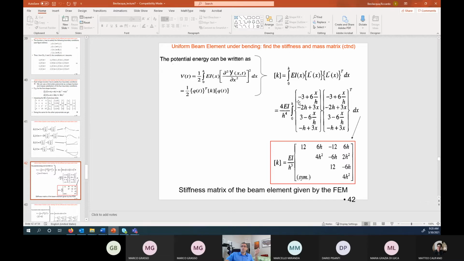Once you plug in your shape functions, you will have this final result for k. It's a symmetric matrix, so what you see up here will be reproduced at the bottom. This will be my stiffness matrix of the beam element given by the finite element model.